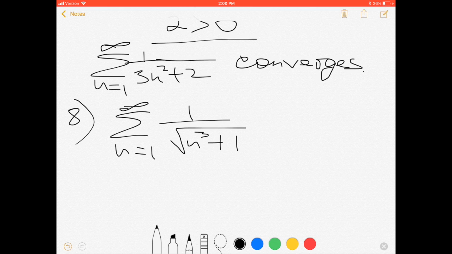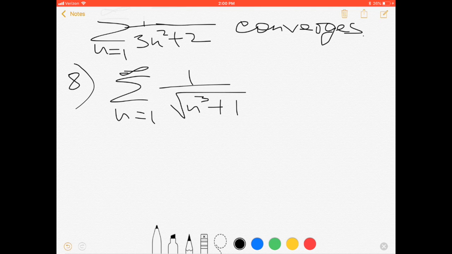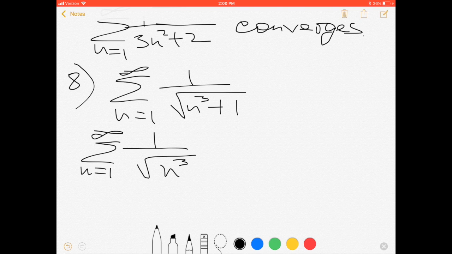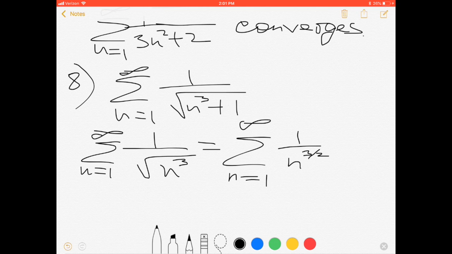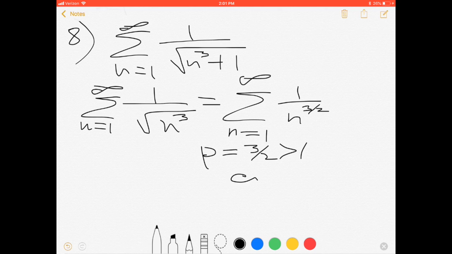This means build a second series when the coefficient is 1 or does not exist. Here you have n from 1 to infinity, 1 over square root of n cubed, which is 1 over n to the power 3 halves, a p series with p equal 3/2, greater than 1, so it converges.